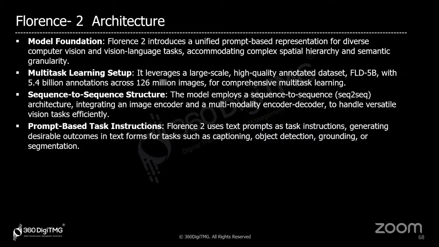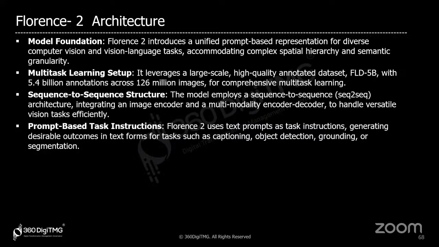Then we have prompt-based task instructions. Florence 2 uses a text prompt as a task instruction. It will generate the desired output in text form for tasks such as captioning, object detection, or segmentation.